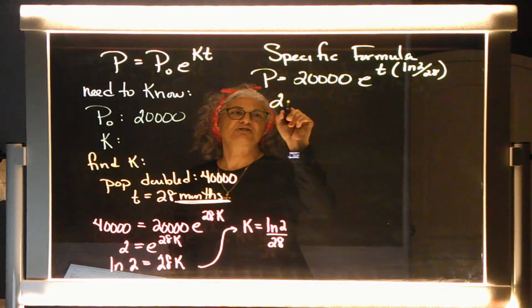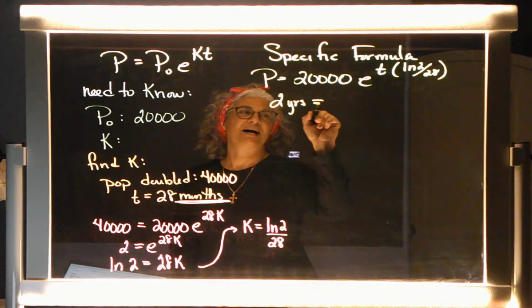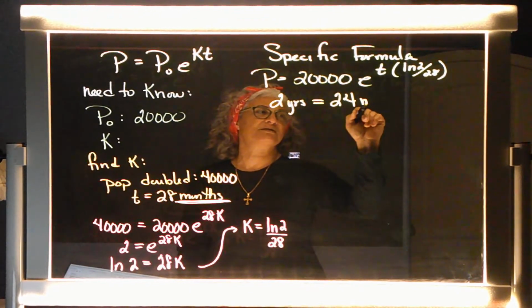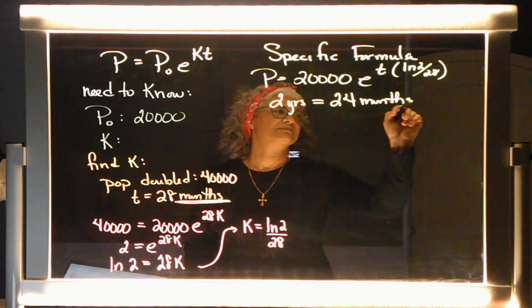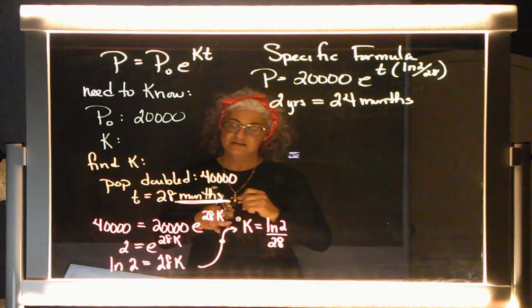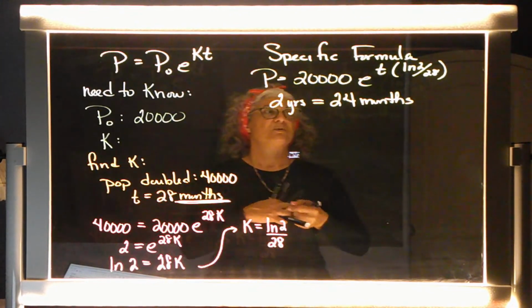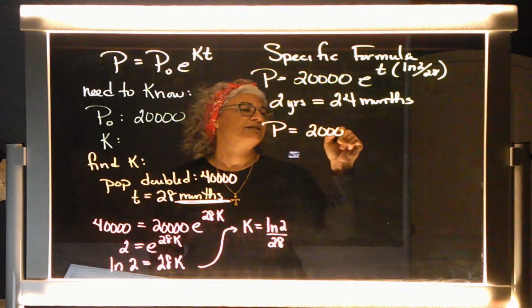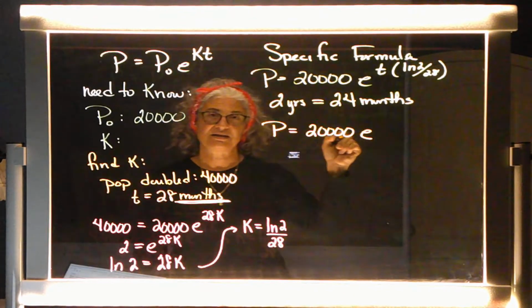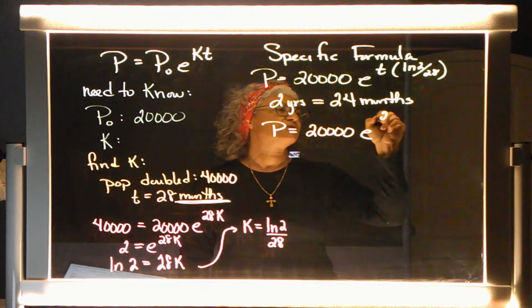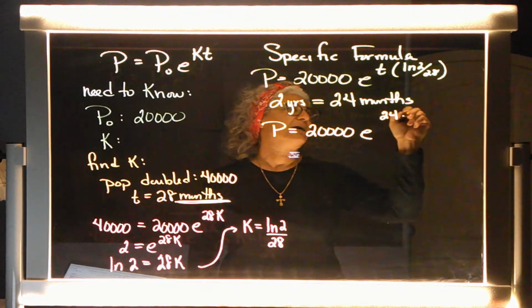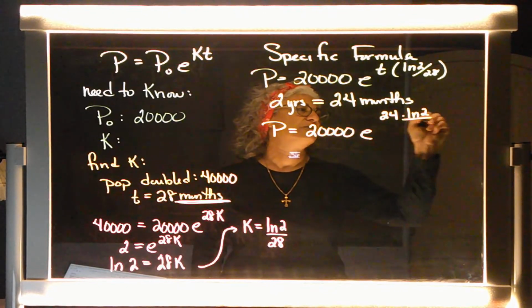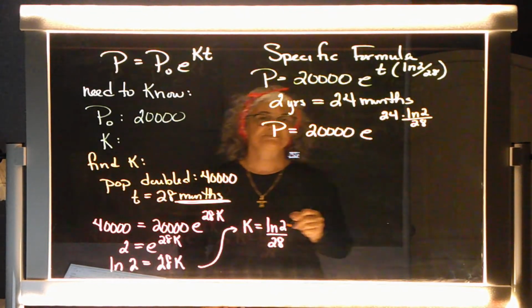If they're saying 2 years, I have to convert that to 24 months. So when I plug this in, P equals 20,000 times E raised to the 24 times the natural log of 2 over 28.